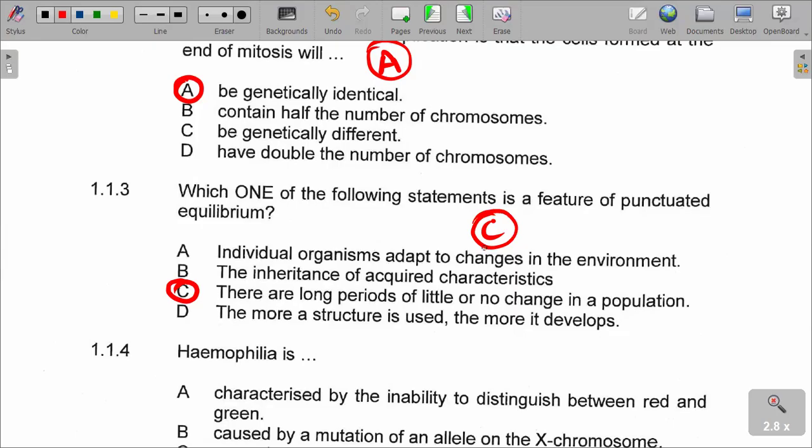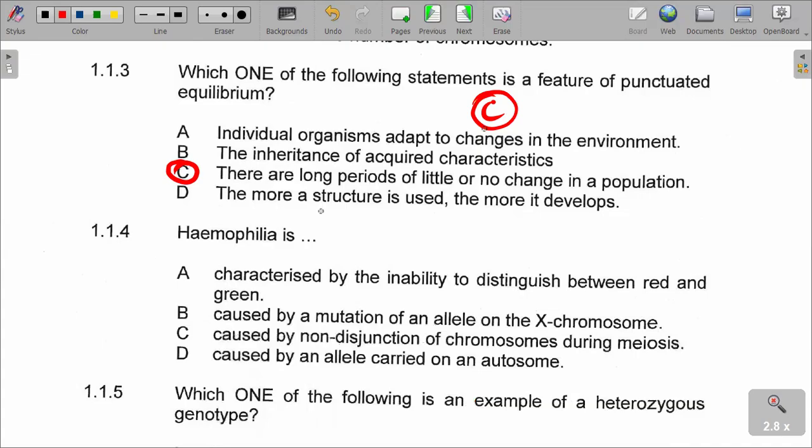And then we have number 4, haemophilia. Haemophilia is dash. It is one of the sex-linked diseases that I want you to take note of.